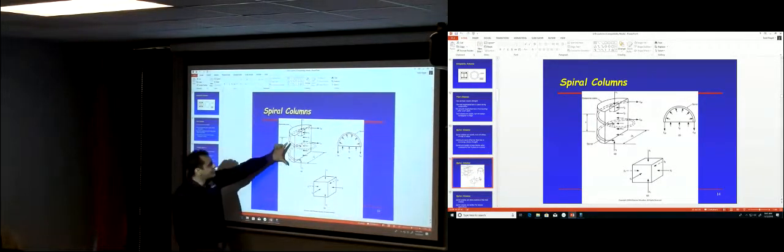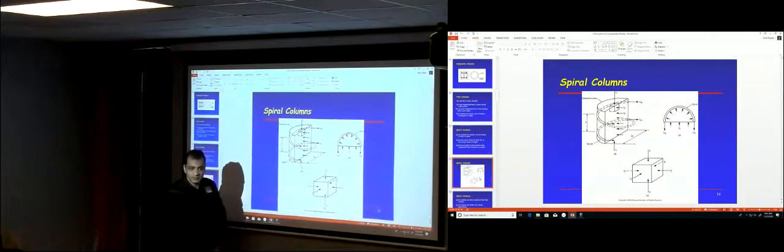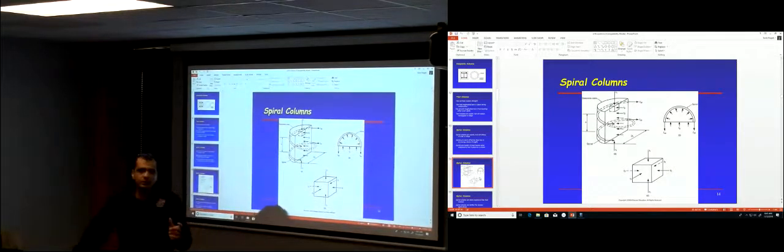In that loop, in that height S, how much is the area provided by the stirrups? You remember we used rho to define how much steel you have in comparison to the area of the concrete, right? Rho was area of steel over b d, so an area of steel divided by the area of the concrete.